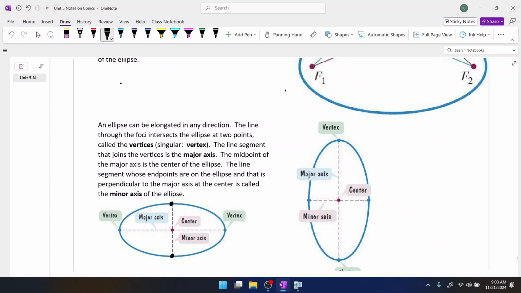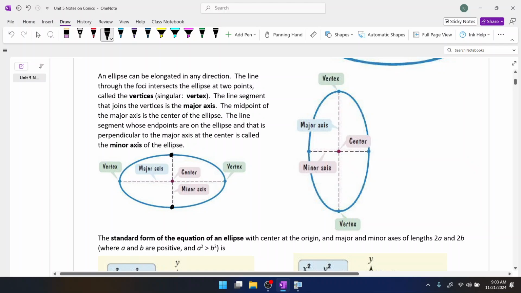And the midpoint of the major axis is the center of the ellipse. The line segment whose endpoints are on the ellipse and it is also perpendicular to the major axis at the center, that's going to be called the minor axis of the ellipse.